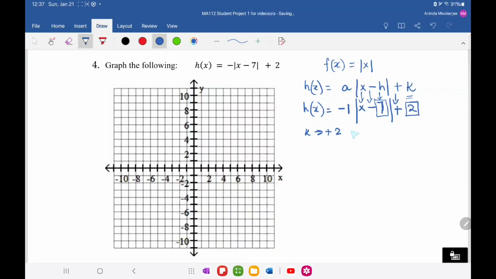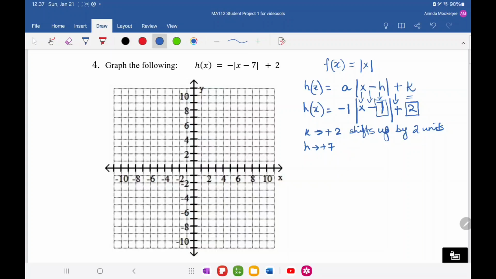If it's positive, then it shifts up the y-axis by 2 units. H is +7, so it shifts right.